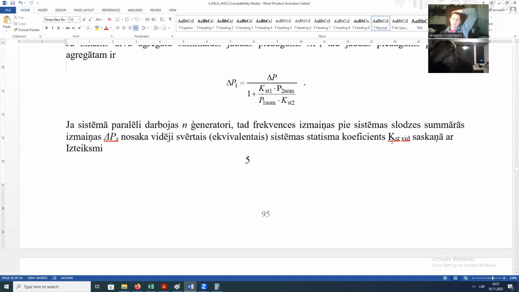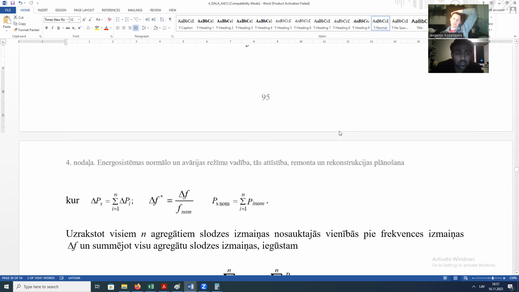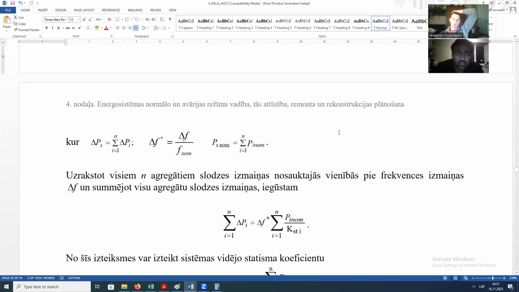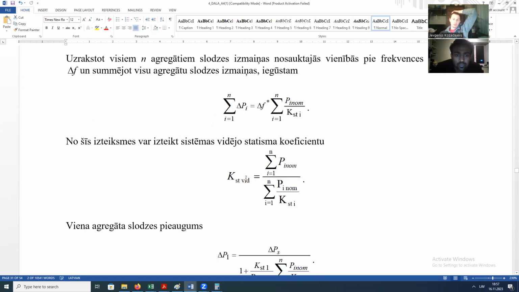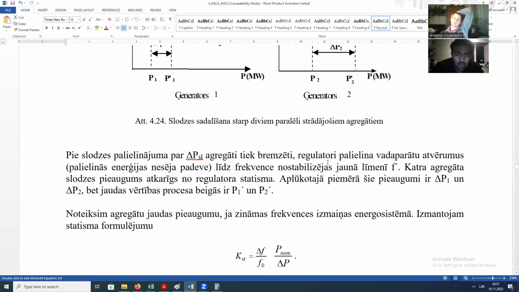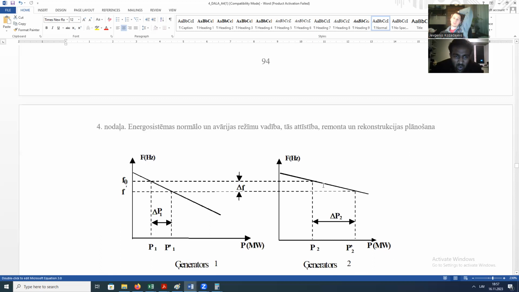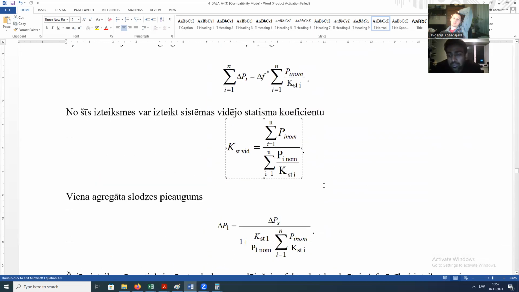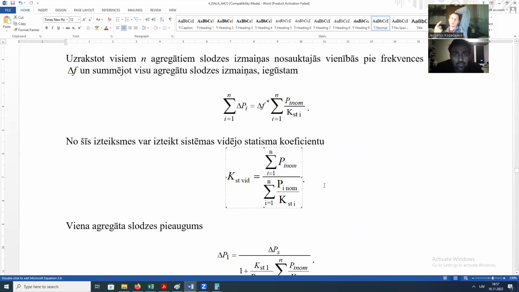But as I said, if we want to calculate the average static coefficient for the power system, not for each generator, we need this formula. So this formula represents how we could calculate the static curve for the power system, which is represented as one concentrated unit, the same as it was with the inertia.